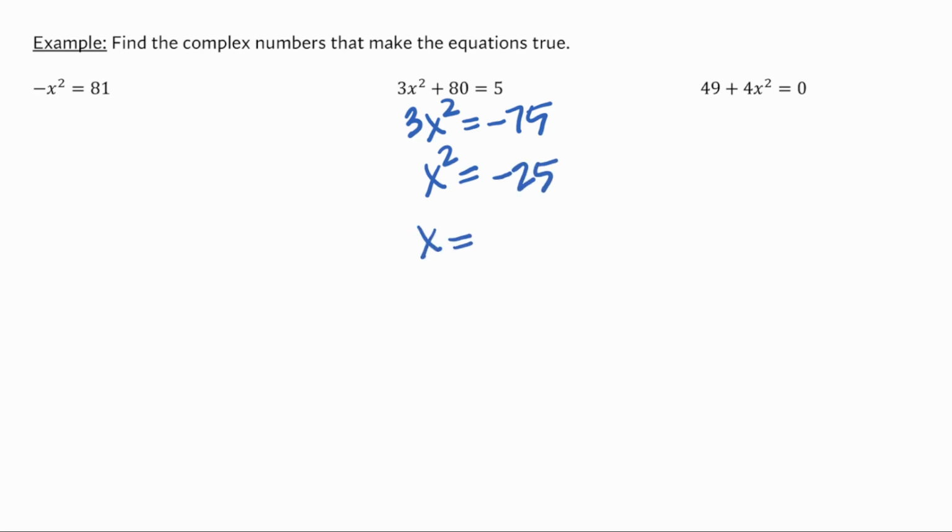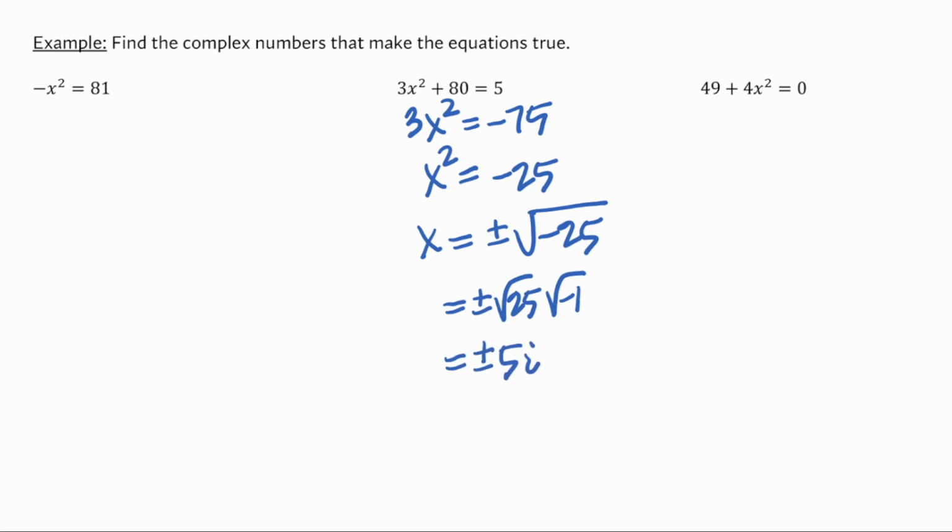When I do that, I need to remember the plus or minus. I'll have the square root of negative 25. We see the square root of a negative number, so we're going to write this in terms of i. I'm going to write this as the square root of 25 times the square root of negative 1. The square root of negative 1 is what we're calling i now, so that's going to be plus or minus 5i. That's how we're going to solve equations like this.